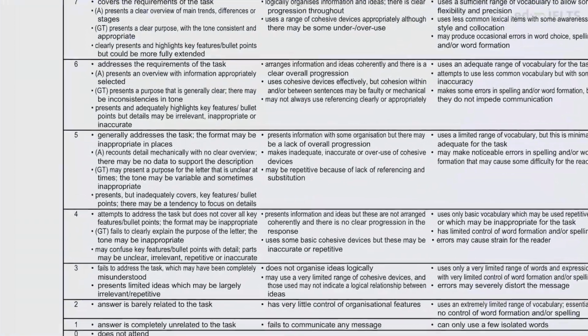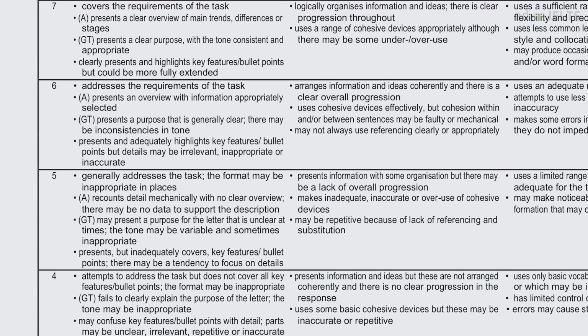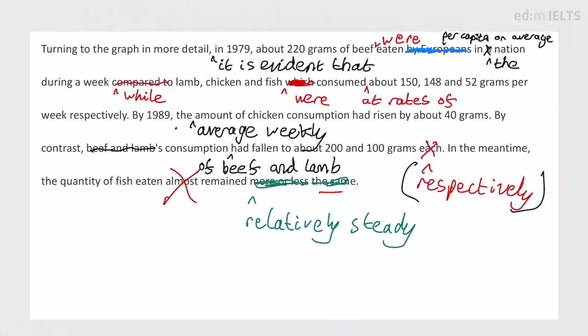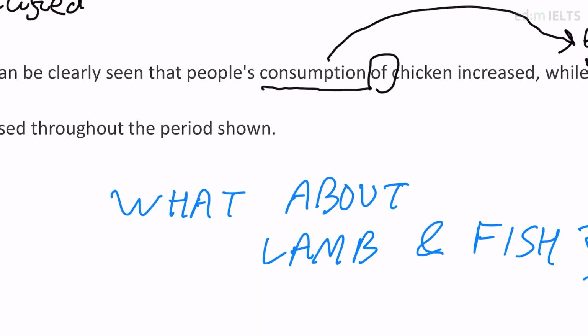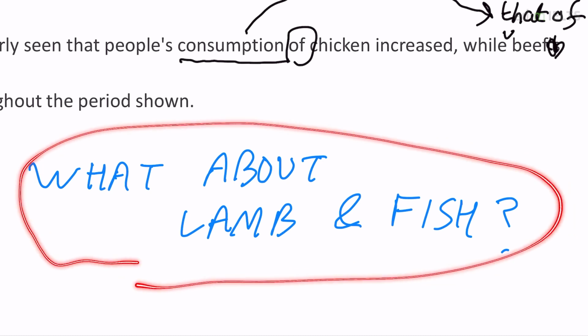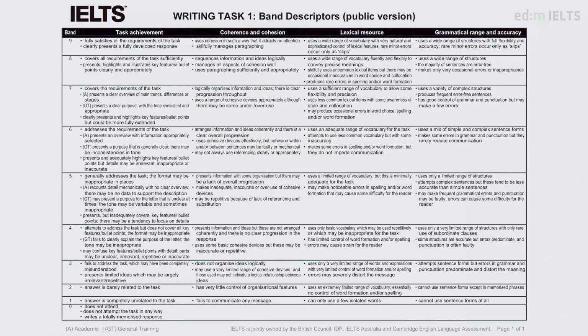So task achievement addresses the requirements of the task, but I didn't think it presented a clear overview of the main trends, which is a shame because I thought a lot of the essay was very good, and it had a very clear structure. But as we mentioned, it's not really giving clear overall trends for the 4 different kinds of meat. And that would have been very easy to do, so it's a wasted opportunity, really.